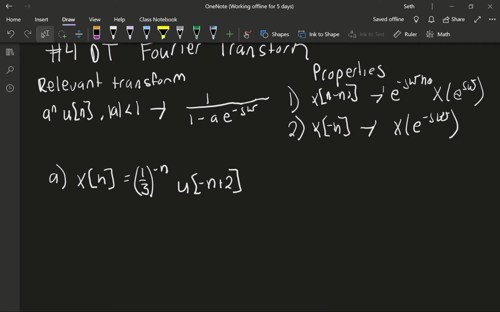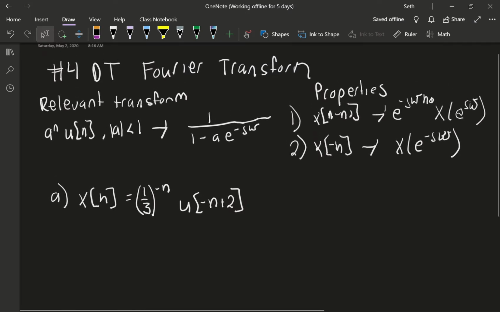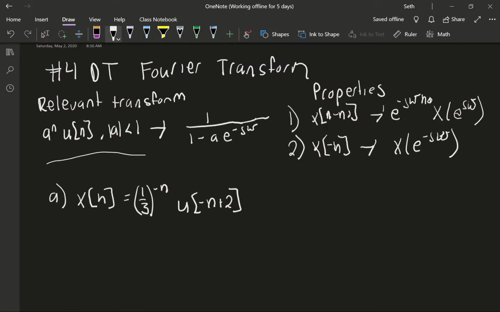So what's not straightforward in this problem is the algebra, and that's kind of the game here. So I've written here that the relevant transform looks like this. We don't have u of n, we have a shifted version of it, so we know right away that we're going to deal with the time shift, which is why I have it up there. However, we don't have it in this form.